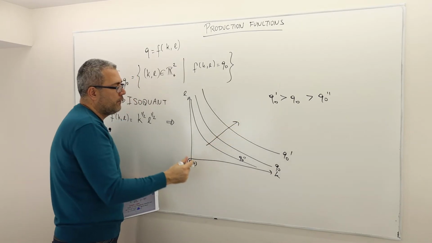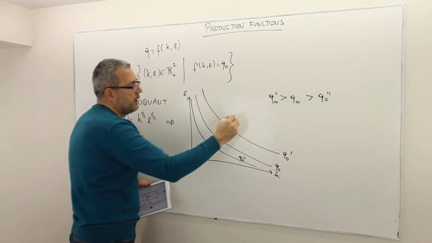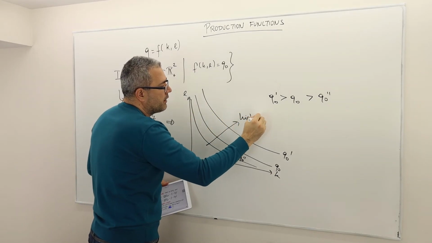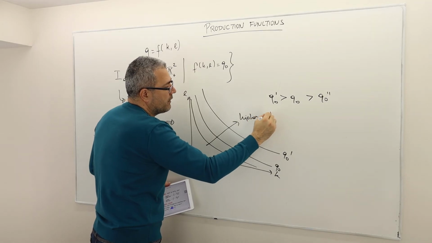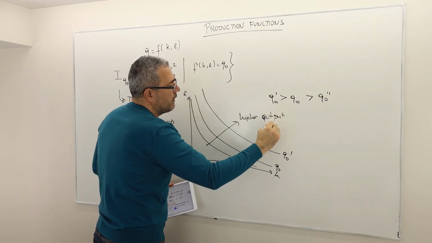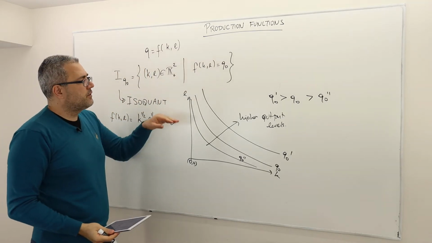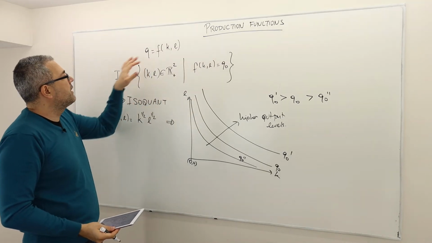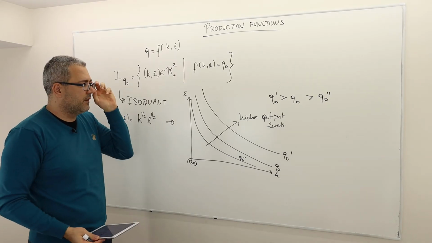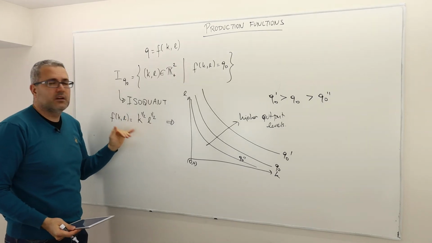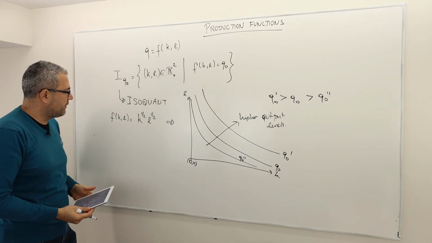As you move farther from the origin, it means higher output levels. Well, is it always true? It is always true if the production function is an increasing function, for example, the Cobb-Douglas production function.